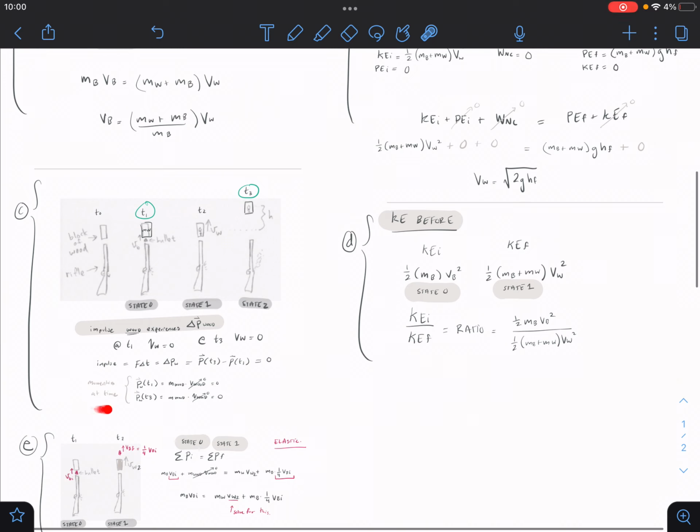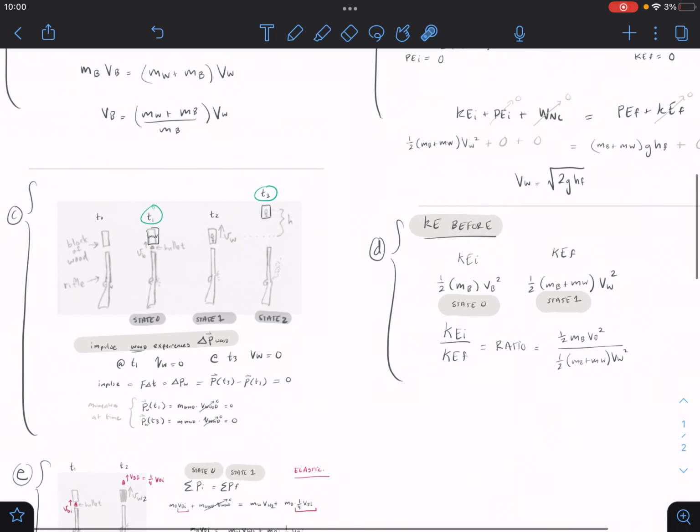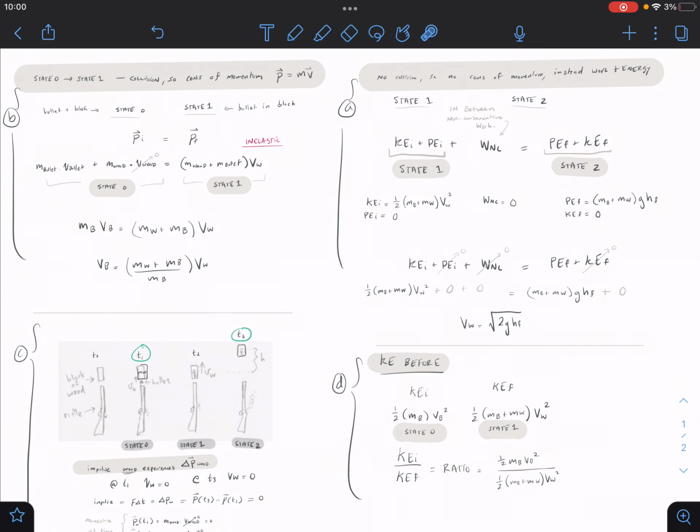We looked at what impulse meant, just the change in momentum between two different states. They asked us for specific states, so we found those states. And then we found initial and final kinetic energy. And we showed the ratio, and we showed that for this inelastic collision, this kinetic energy is not necessarily the same.